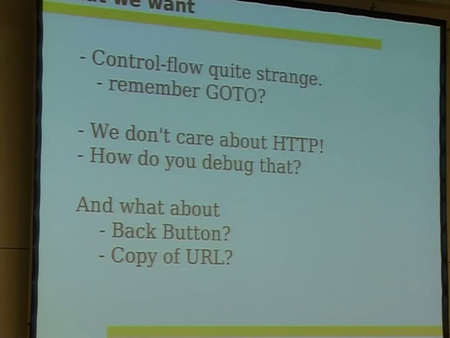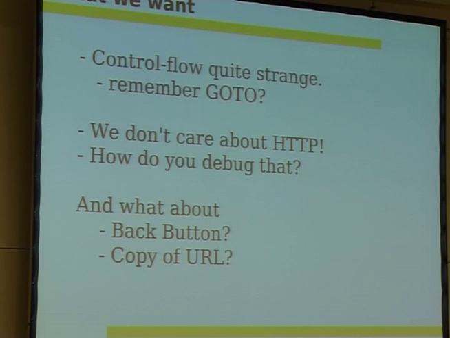So if we look at that and think about how we program normally if we write applications for a normal graphical user interface, then the control flow that we see is actually really strange, because we need to encode in every kind of call that we do over the web browser where we came from, and enough information so that we can go back to where we came from.